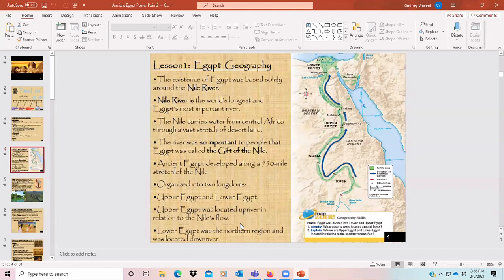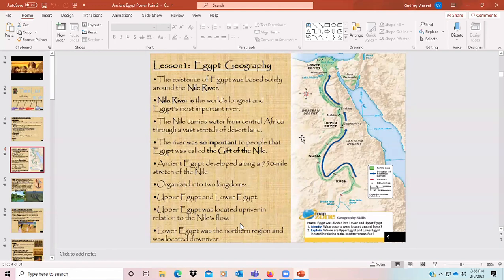So in terms of the geography, in terms of location, we see ancient Egypt, like ancient Mesopotamia, is also what we call a river civilization. The only difference is that Egypt only has one river, which is the Nile, whereas Mesopotamia had two rivers.